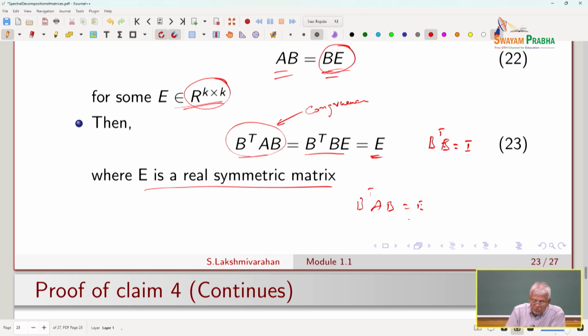Why is B transpose AB symmetric? The transpose of B transpose AB is equal to B transpose A transpose B, the product of the transposes taken in the reverse order. This is B transpose AB because A is a symmetric matrix. Therefore, this is a congruence transformation. This is a symmetric matrix. Therefore, E must be a symmetric matrix.